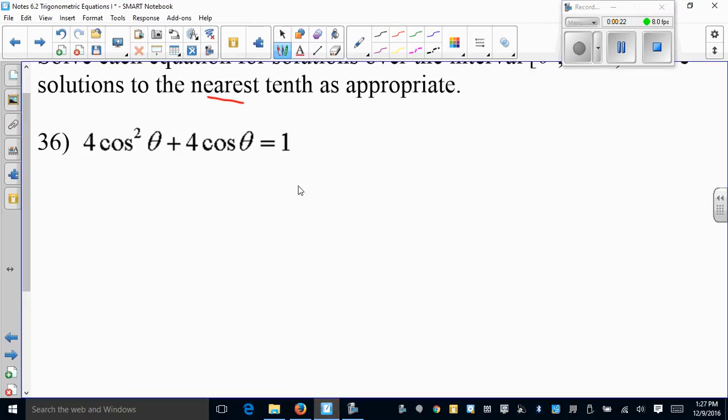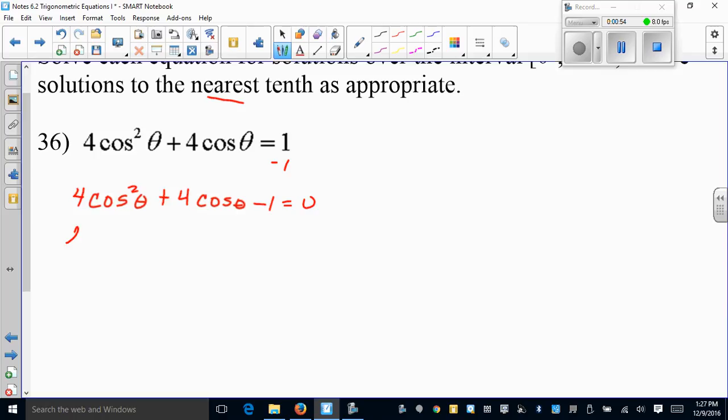Remember, we have to have these things equaling 0, so I'm going to move this 1 over. So I have 4 cosine squared of theta plus 4 cosine of theta minus 1. And to make it easier, we're going to make this look like algebra.